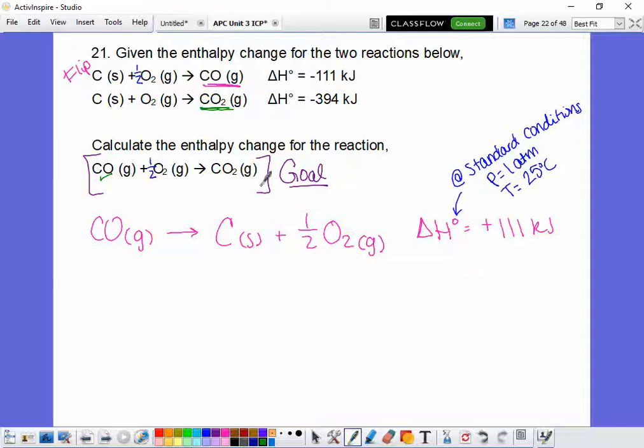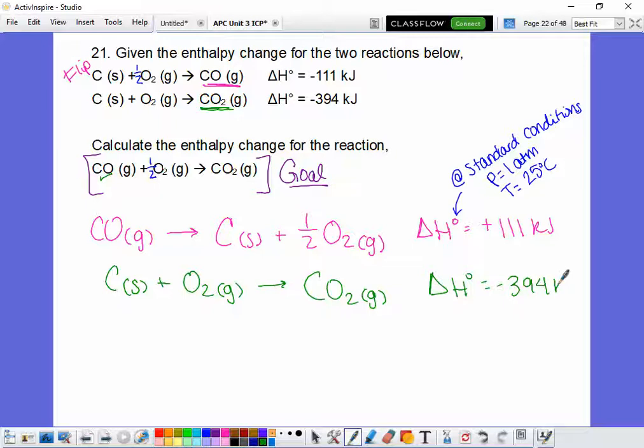Yep. So we're not going to do anything to this second equation. We're just going to rewrite it down here. So that delta H did not change. It is still negative 394 kilojoules. Okay, so that took care of CO2.